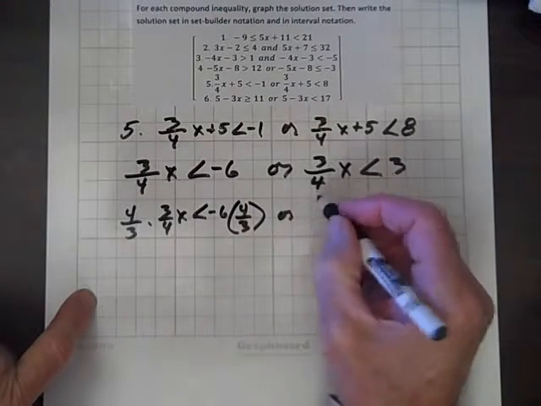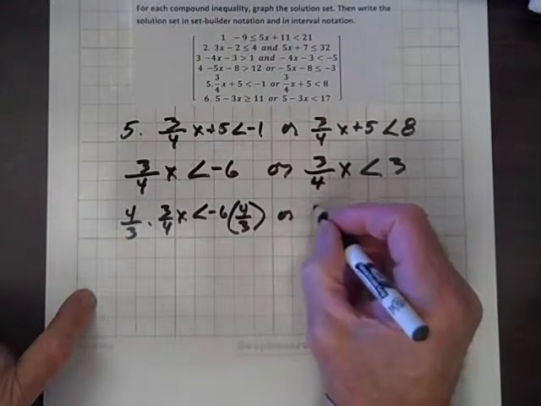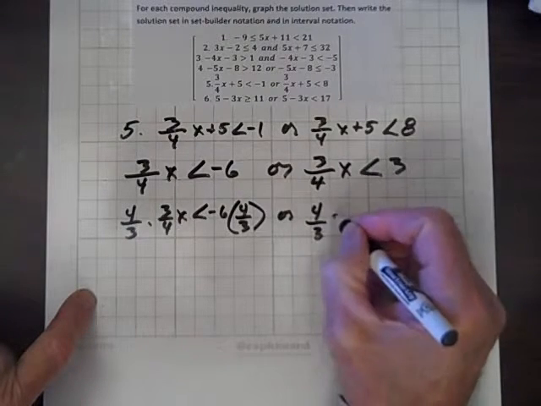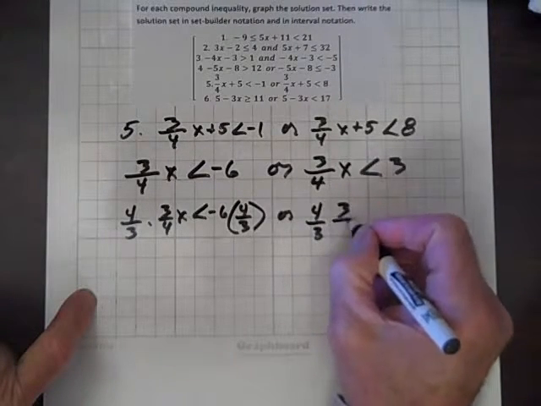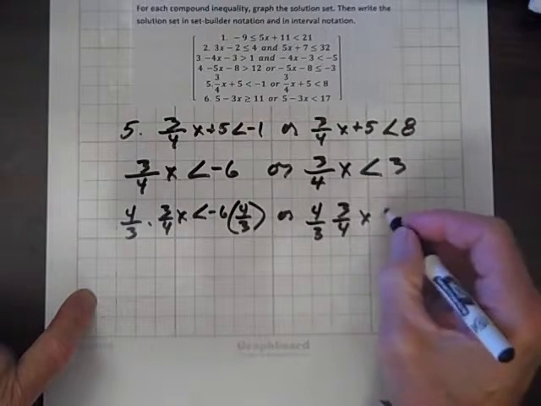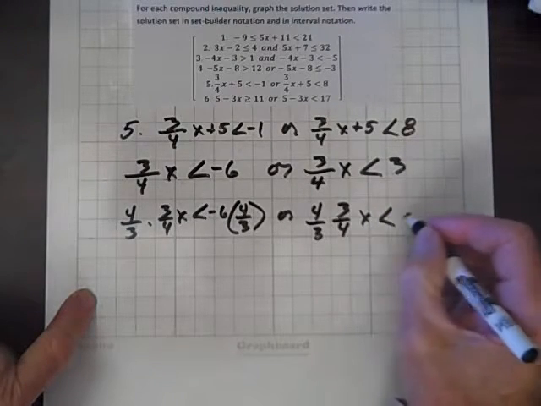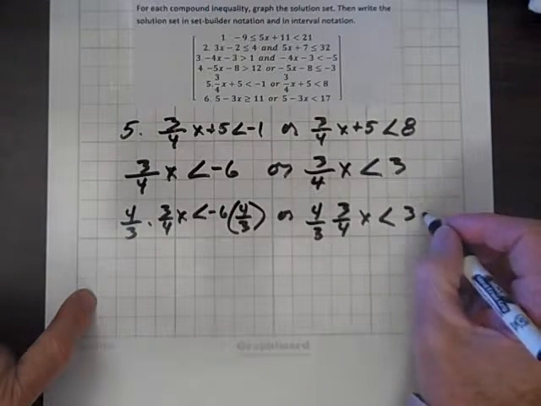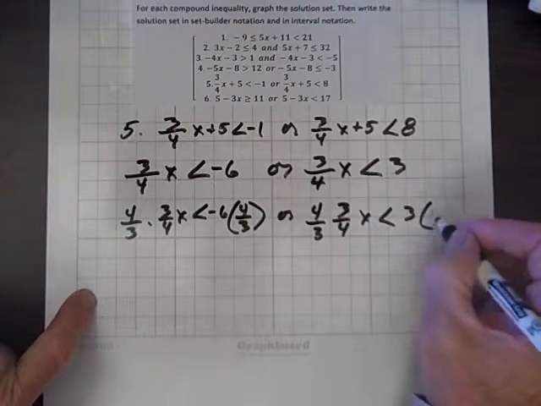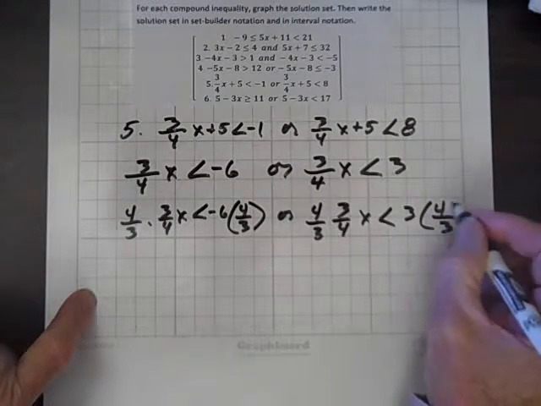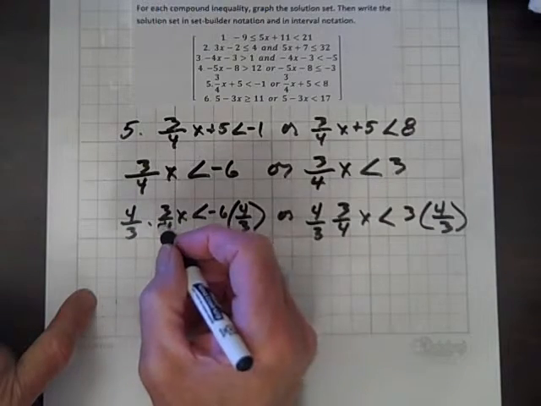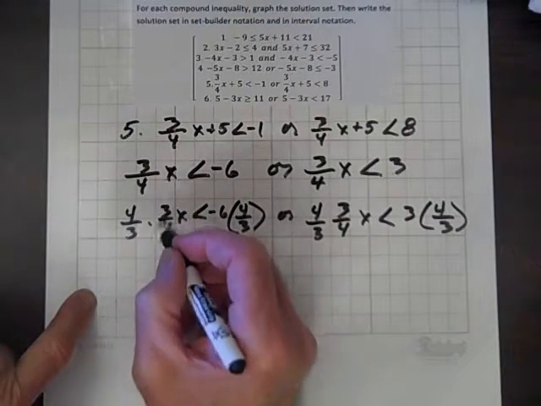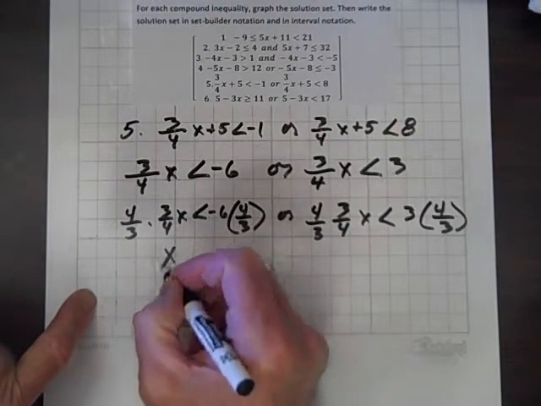Or, and doing the same thing over here, we have 4/3 times 3/4 x is less than 3 times 4/3. Now in this case, the product of reciprocals is 1, so we get x.